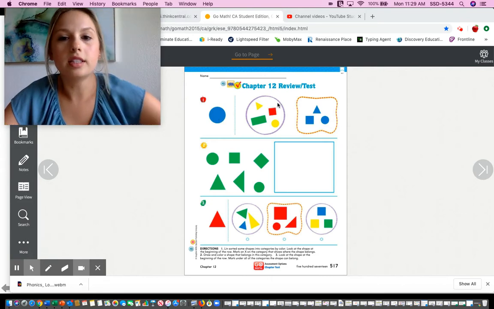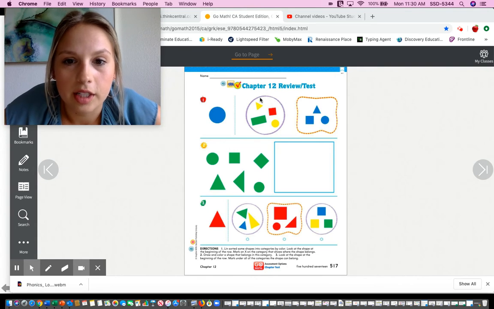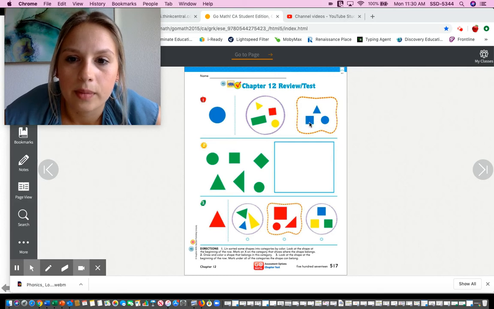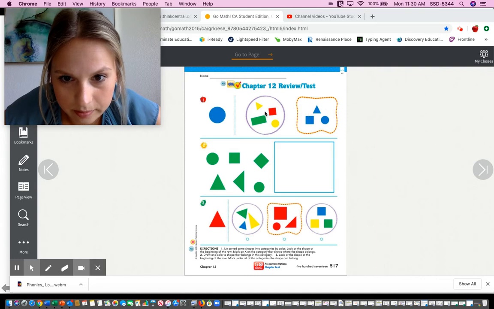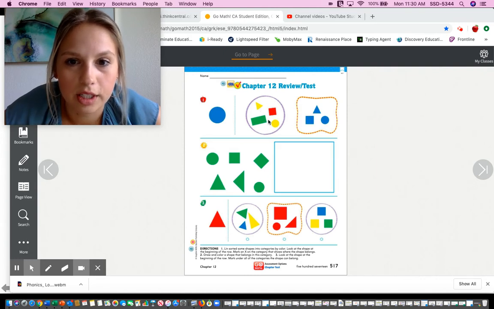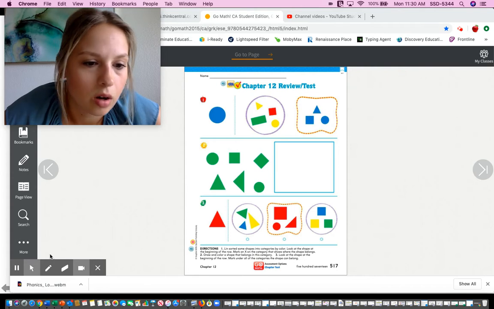So if you look on this side, you see here's a category of shapes. I see a triangle, square, a circle, and a rectangle. And then on this side over here, I see a category with a square, triangle, and circle. But look at the difference. These ones are all different colors, and these ones on this side are all the same color.